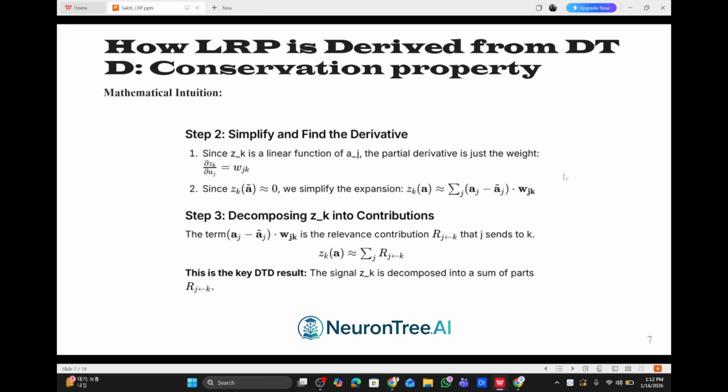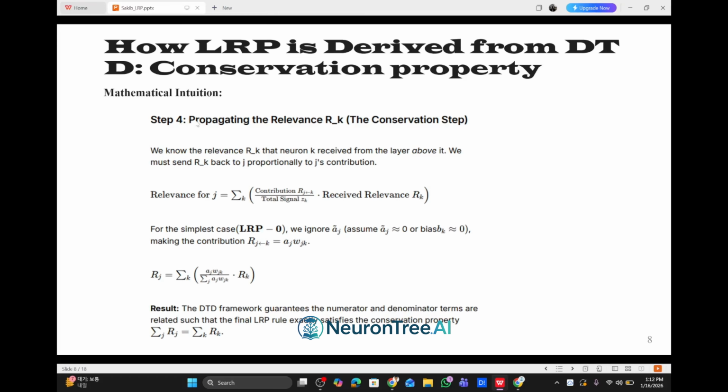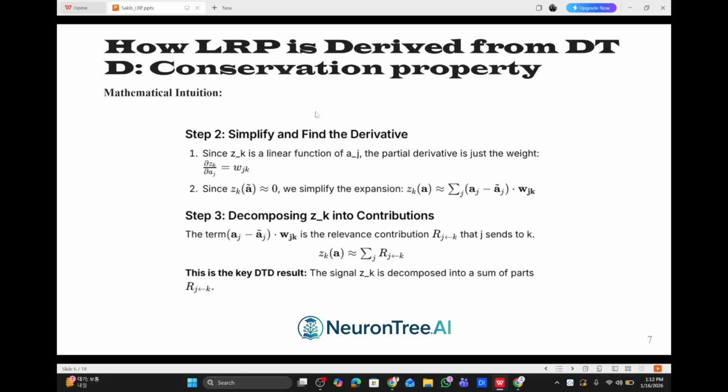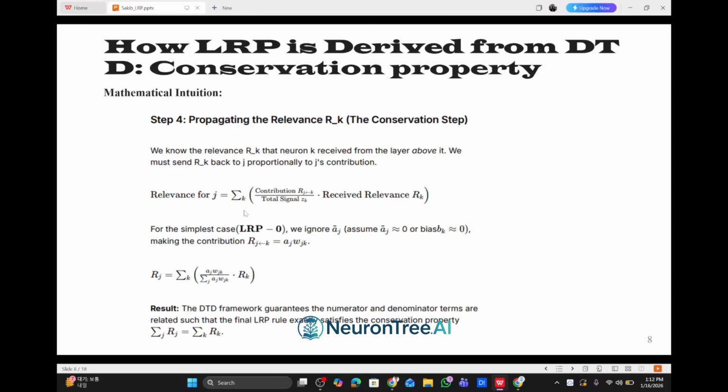Now we can write this term as summation of j rjk. Here rjk is what j sends to k. So let's move to the next slide. Now we have to propagate the relevance rk. Whatever rk receives, it must be redistributed. So if we want to calculate the relevance for j, we can write something like this.